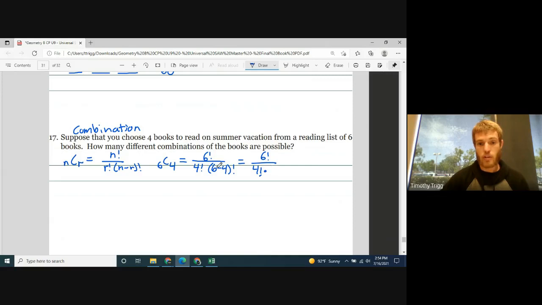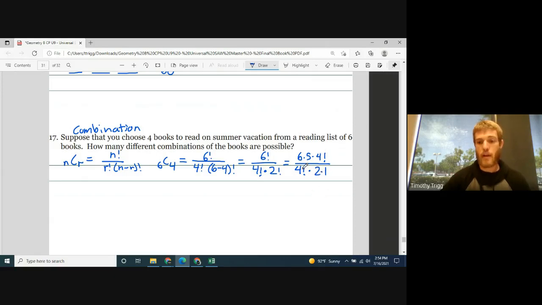That's 2 factorial. So this would be 6 times 5 times, and I'm just going to put 4 factorial over, and then down here I'm just going to write 4 factorial times 2 factorial, and 2 factorial is just 2 times 1.